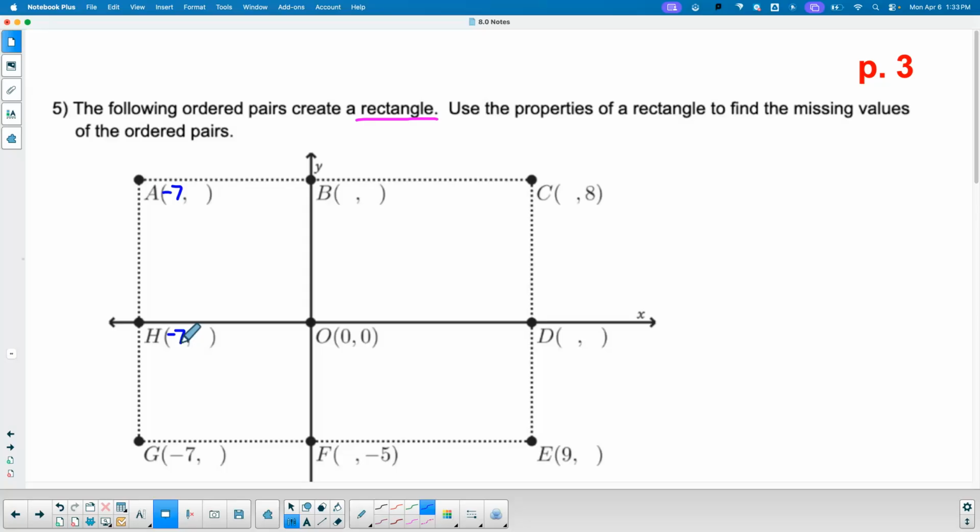They're all going to be 0, right? What can you tell me about the x values for C, D, and E? They're all 9. Yeah.